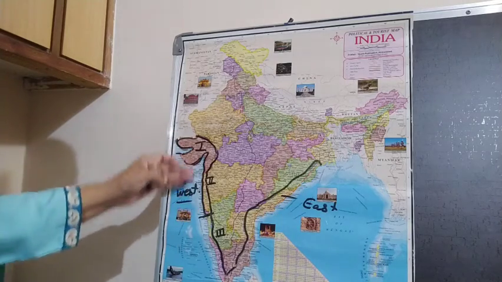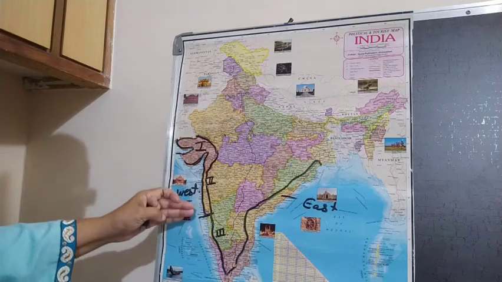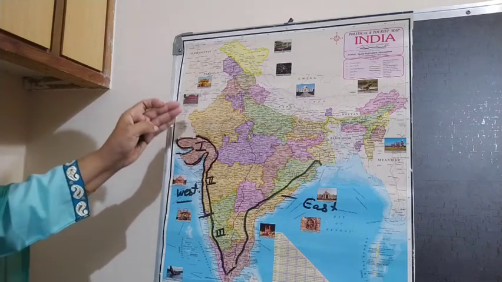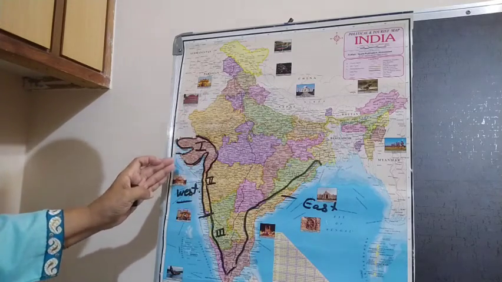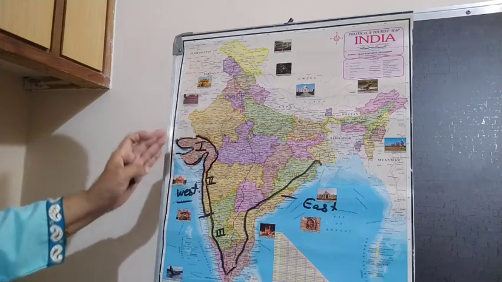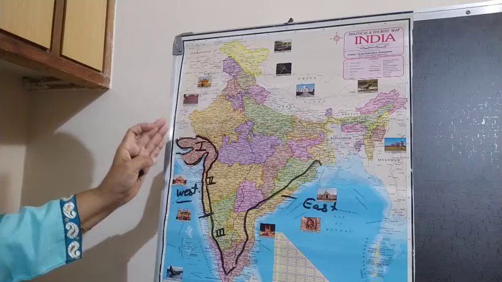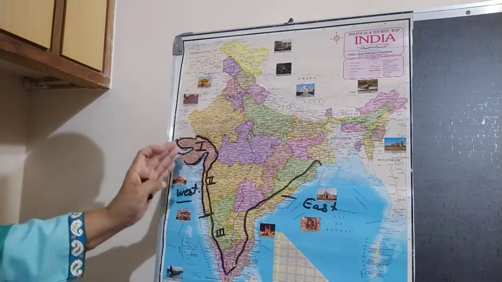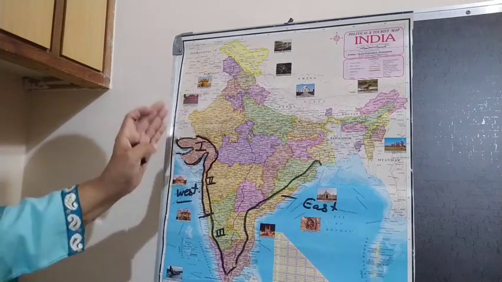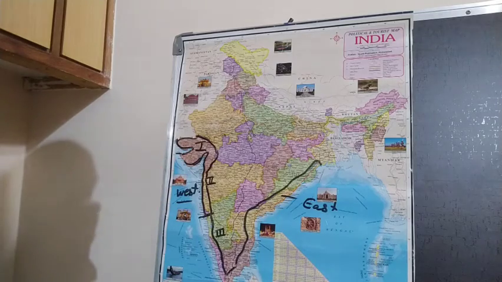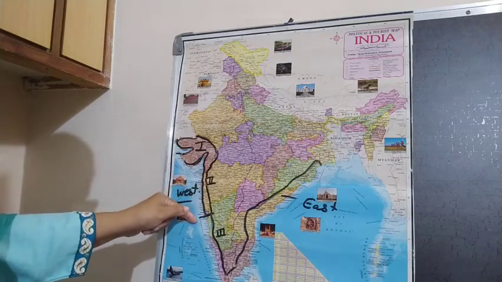Why do we have lighthouses here? So that they can warn the ships about the hidden rocks in the water. And then we have small hills also there.